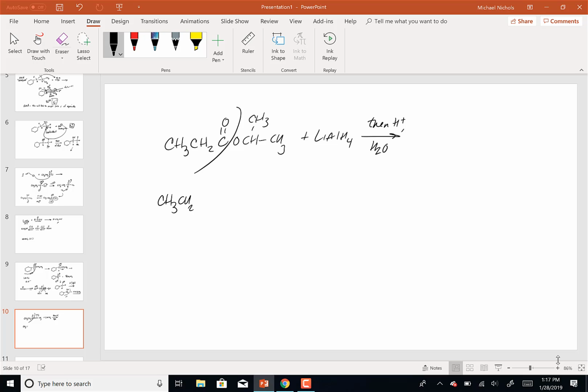So that means I'm going to take my C double bond O and I'm going to make a CH2OH out of it. So there's the primary alcohol of the part on the left. What happens to the part on the right? It just becomes the alcohol that it is. In this case, a secondary alcohol. So all I do is split it apart and add an H to the O. So those are going to be my two products.